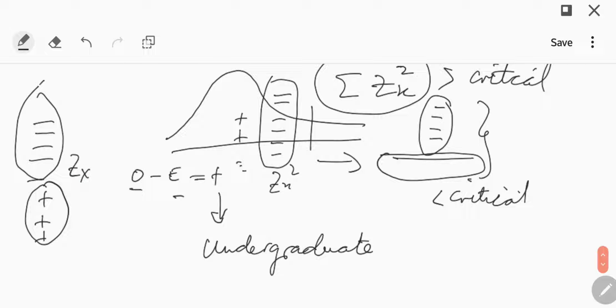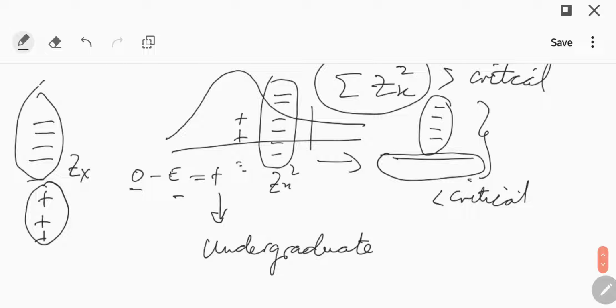See, only if the zx squared is greater than a critical value do I say that the observed data may not be adhering to the graduated rates. But if zx squared is less than the critical value, directly I'll say that there is no evidence, so I can retain that statement, and I may be forced to go with that statement itself.